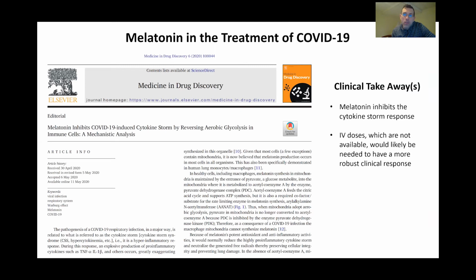And IV formulations are both, one, not available, and we don't know what the side effects of treating with those high dosages would be. Now, that doesn't mean that there's maybe no benefit here. We are offering our patients melatonin at night in the normal dosages that we would, maybe 1, 3, 6 milligrams, and perhaps maybe that's offering some beneficial effect. But we are keeping that in mind that really we likely think that much higher dosages would need to be effective.